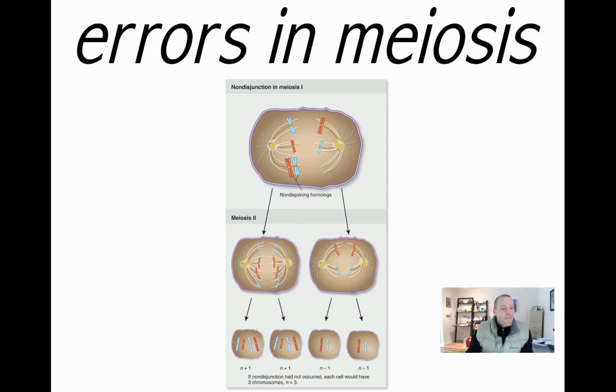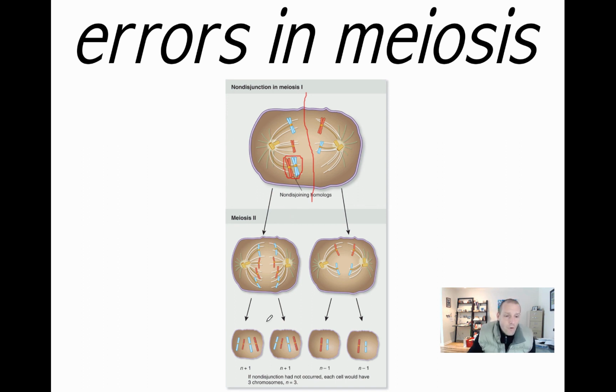For some reason, at very low frequencies, let's get a pen to highlight this really quick. What we sometimes see is that a pair of homologous chromosomes will actually go in the same direction. So rather than going away from one another, they go in the same direction. When this cell divides, the cell on the left has a chromosome too many, and the cell on the right has a chromosome too few, and that can lead to genetic defects.